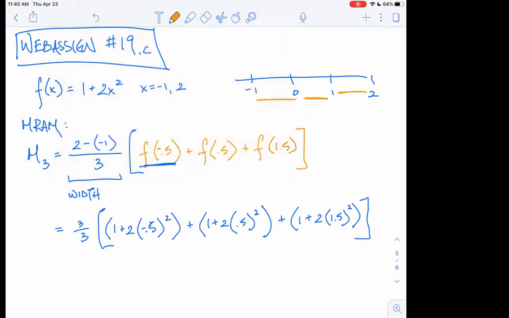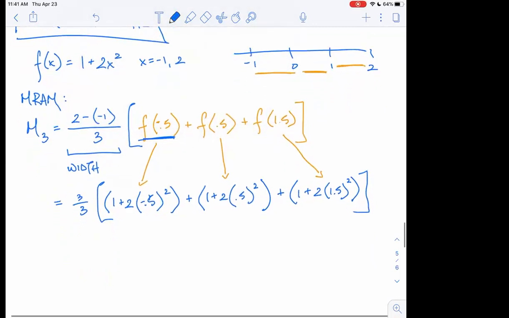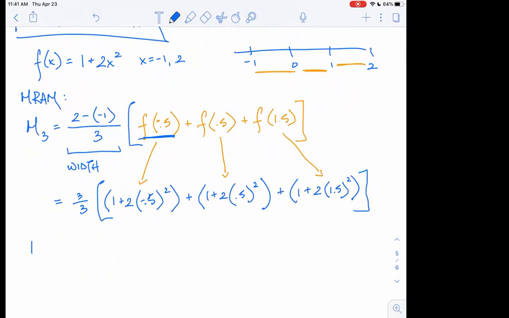So f of -0.5, I just plug -0.5 into the function; f of 0.5, I just plug 0.5 into the function, and f of 1.5, I just plug 1.5 into the function. Okay?